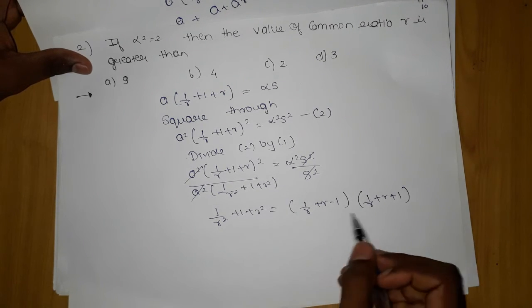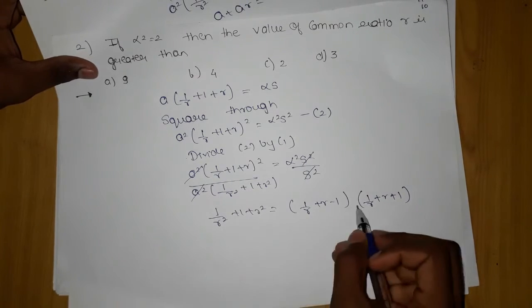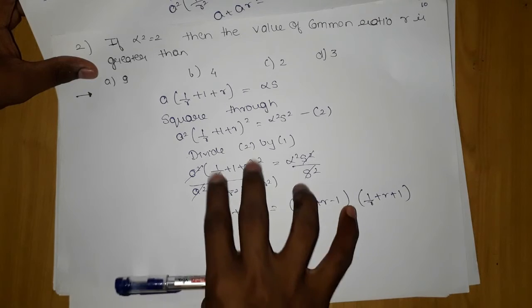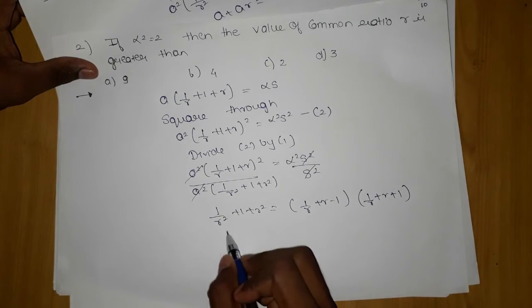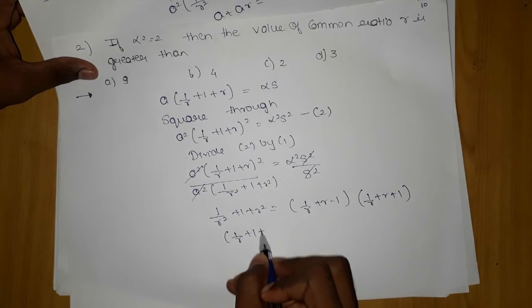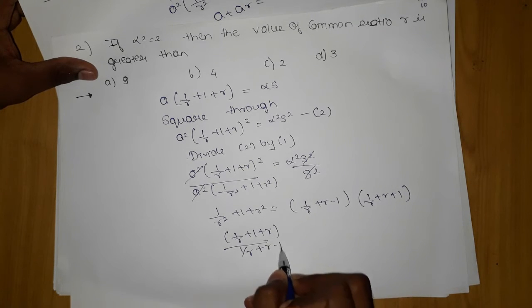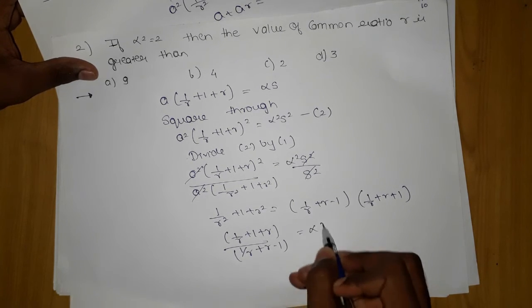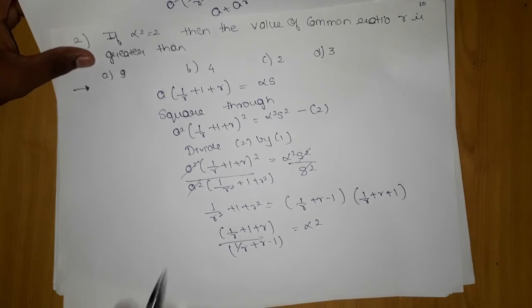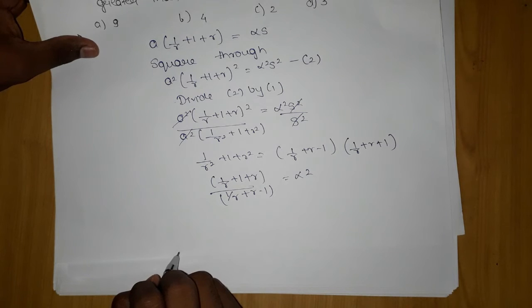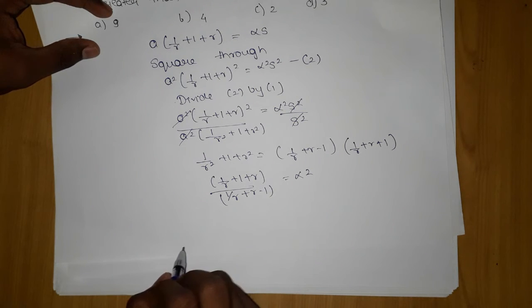If you apply a square plus b square, you will get the same thing. If I split it in this way, these terms will cancel out and give me (1 upon r plus 1 plus r) upon (1 upon r plus r minus 1) is equal to alpha square.